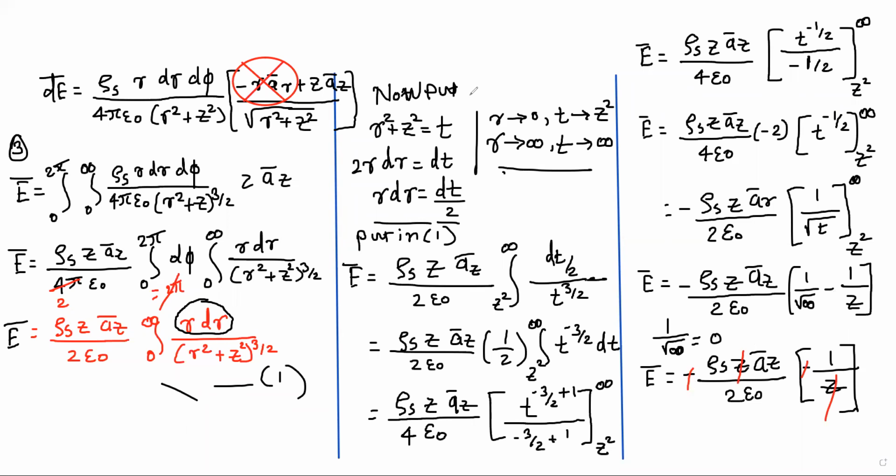So you are now able to write the final equation for electric field intensity due to infinite surface charge. E bar is equal to rho s a bar z upon 2 epsilon naught volts per meter. This is the final equation by using which we can find the electric field intensity due to infinite surface charge.